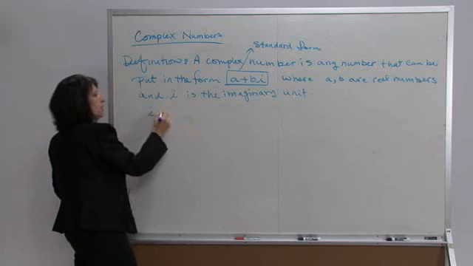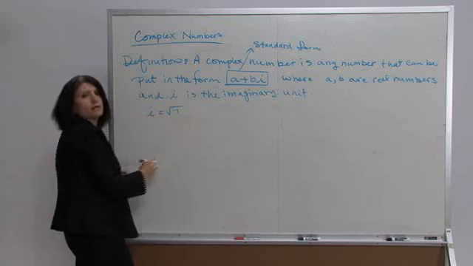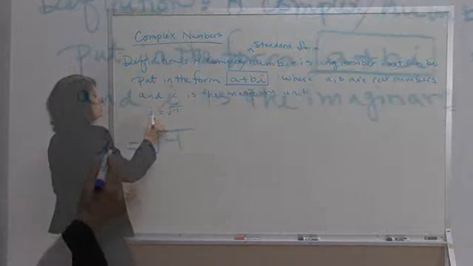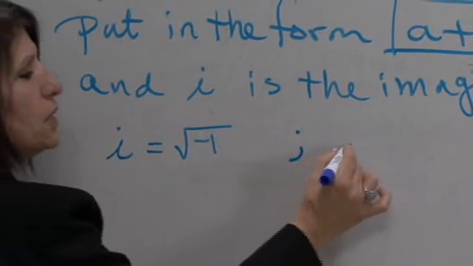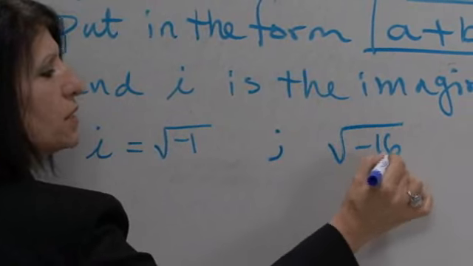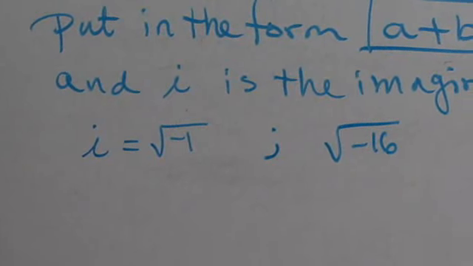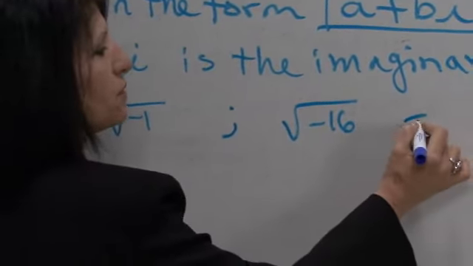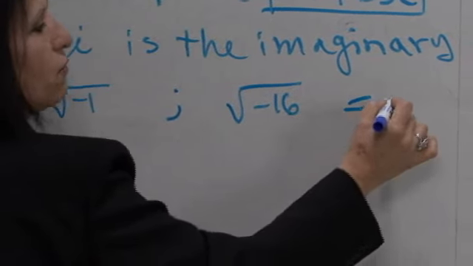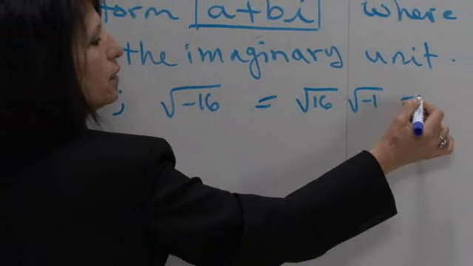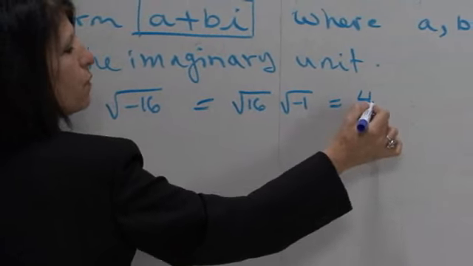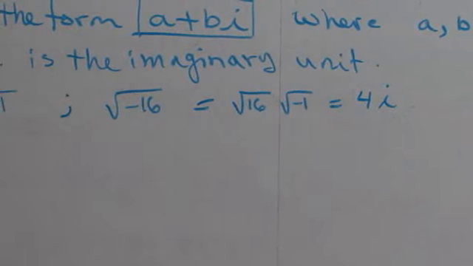Now, i is defined to be the square root of -1. And when we define i to be the square root of -1, you see we can simplify something like the square root of -16, because the square root of -16 could be thought of as the square root of 16 times the square root of -1. The square root of 16 is 4. Square root of -1 is i.